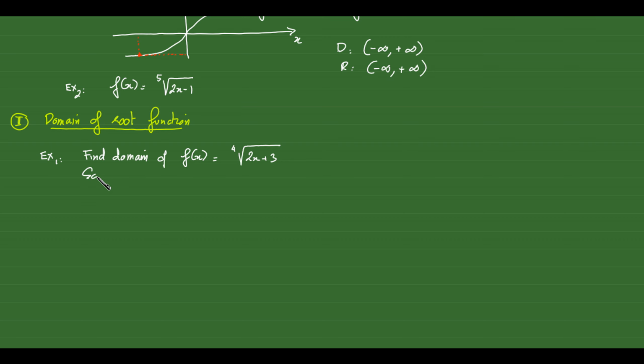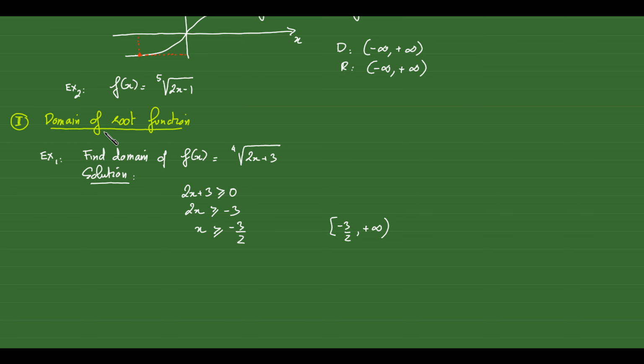So in order to do this, you just need to set up the radicand, which is 2x plus 3, greater than or equal to 0. Then we're going to solve this inequality. After you solve this inequality, you can express it in interval notation. So this will be the domain of the fourth root. For the square root, you do the same: you set up the radicand greater than or equal to 0.